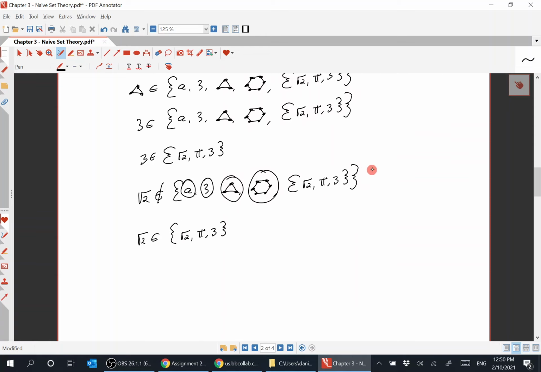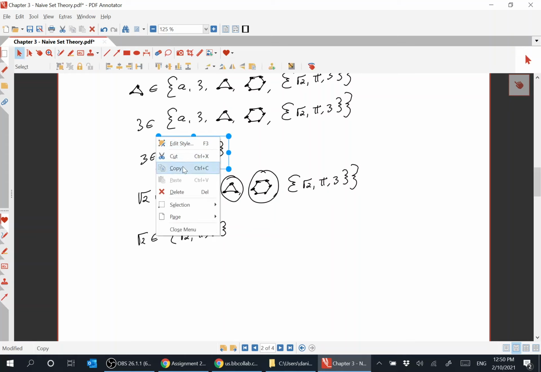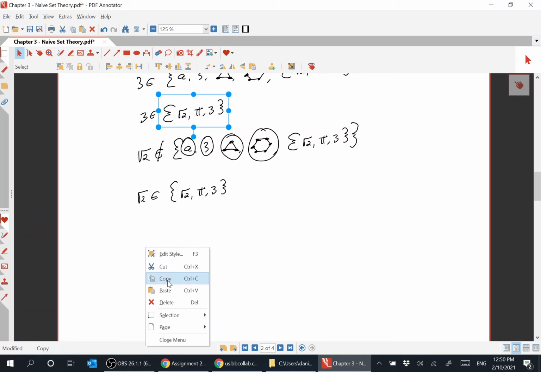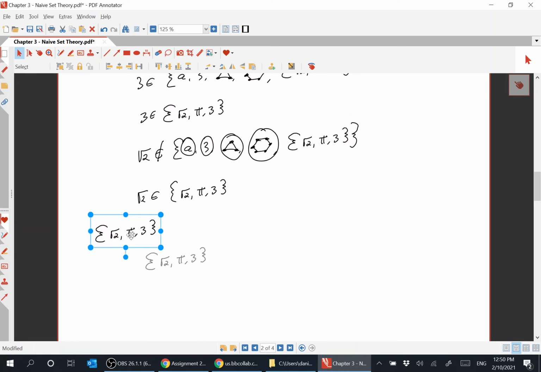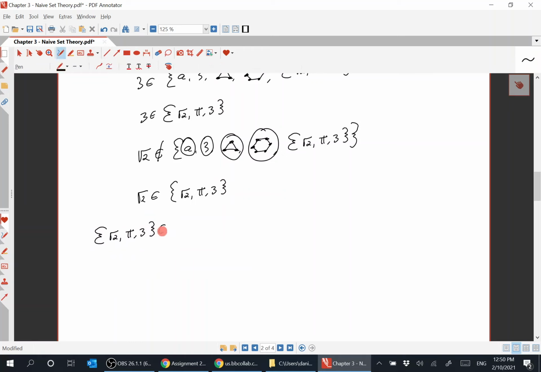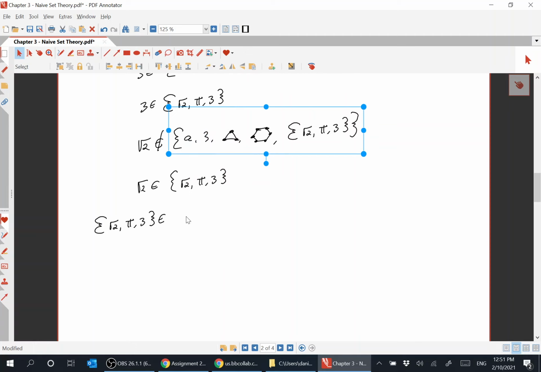And I guess I didn't mention this last bit here. This 3-element set is an element of the 5-element set. So sets can be elements of other sets. And here is where naive set theory gets in trouble.